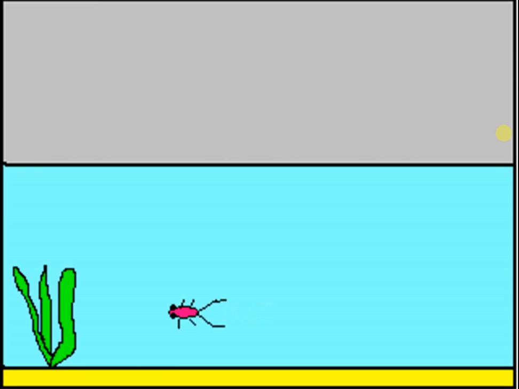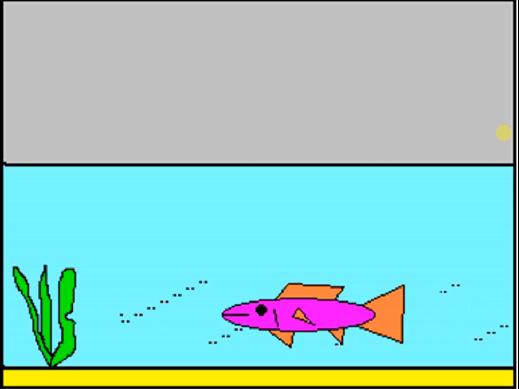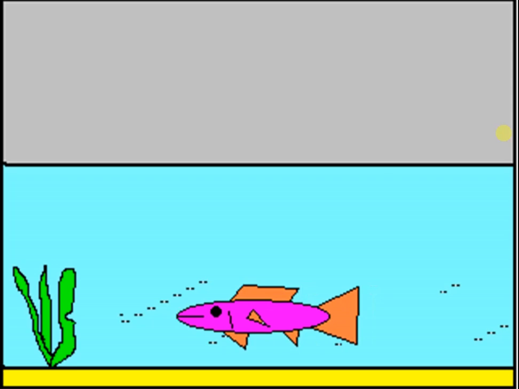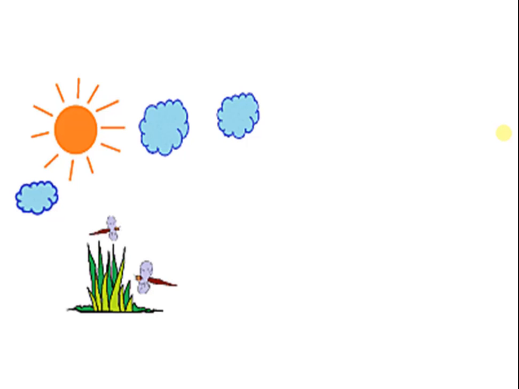What did you observe? In this picture, living things are getting their food in a sequence. What is it called? The transfer of energy from one organism to another in a sequence is called a food chain. Today we are going to learn the topic: food chain.